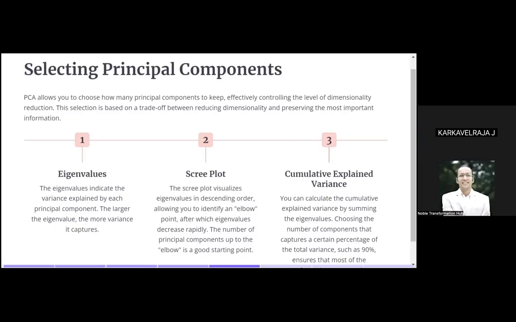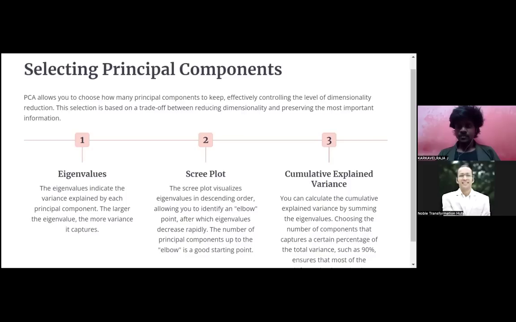The number of principal components up to the elbow is a good starting point. Then we have cumulative explained variance. You can calculate the cumulative explained variance by summing the eigenvalues. Choosing the number of components that captures a certain percentage of total variance, such as 90%, ensures that most of the information is retained.